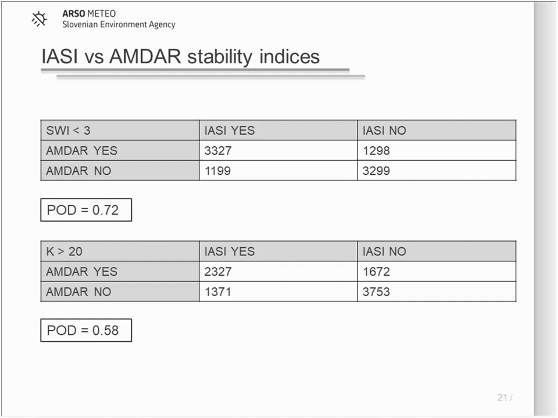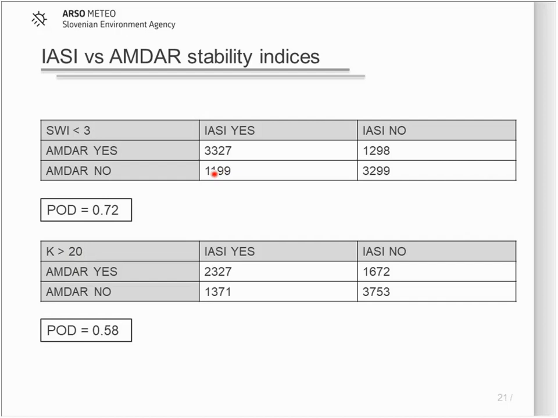So we have to adjust something to be able to look at the same variable. We tried some new thresholds: we took a Showalter index threshold of 3, and K larger than 20, and now our probability of detection just jumped up. We still have a lot of false alarms.